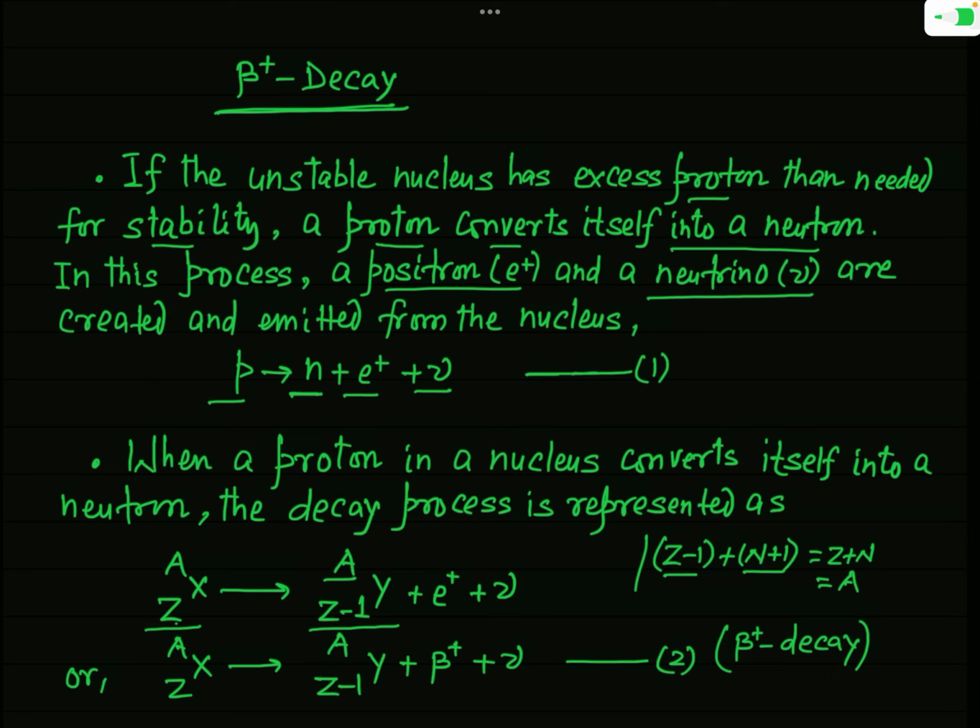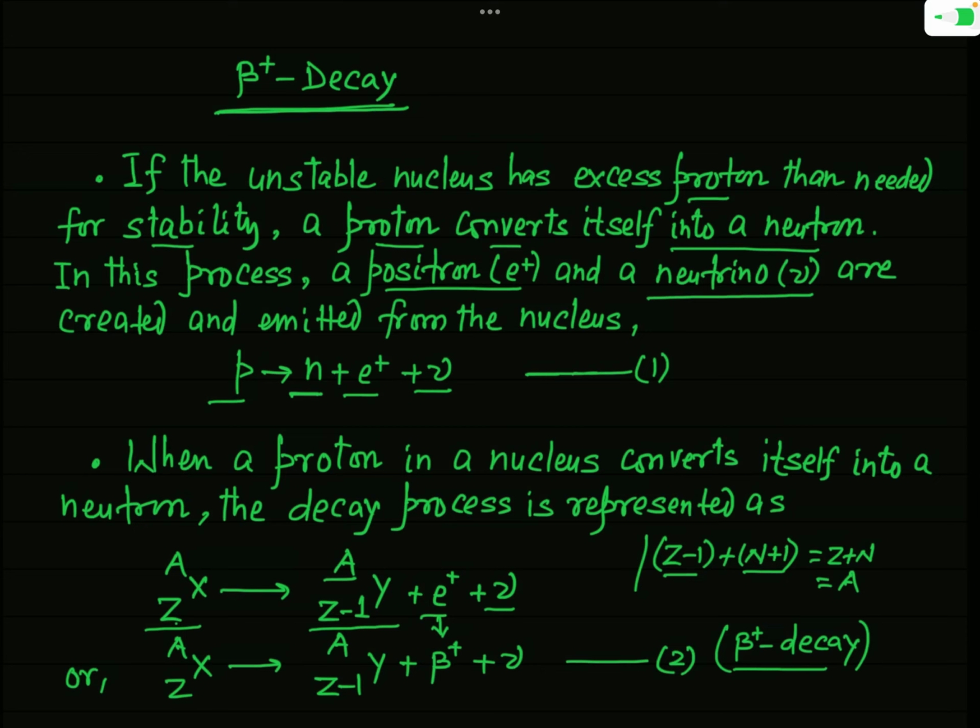At the same time, you can see there is a positron and a neutrino emitted in this process. In fact, this e plus is denoted by the symbol beta plus, and so this process is called the beta plus decay process. The emitted particle, the positron, in this condition is called a beta plus particle.